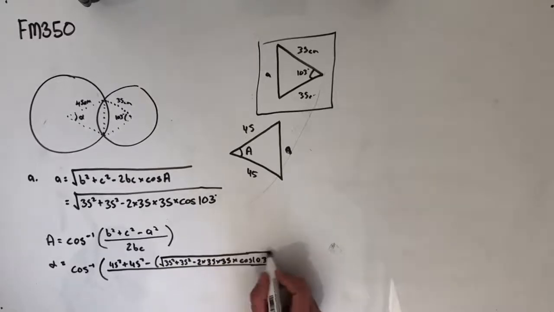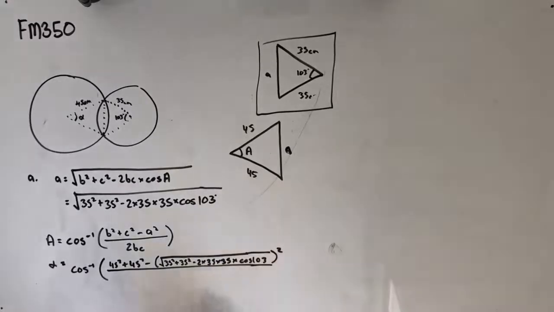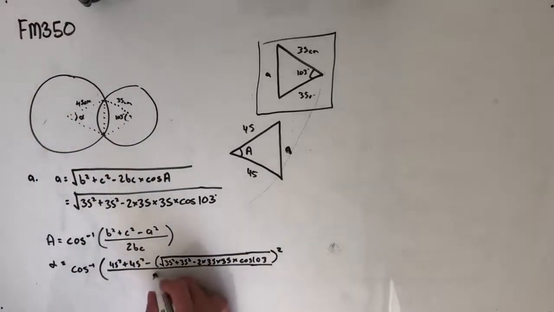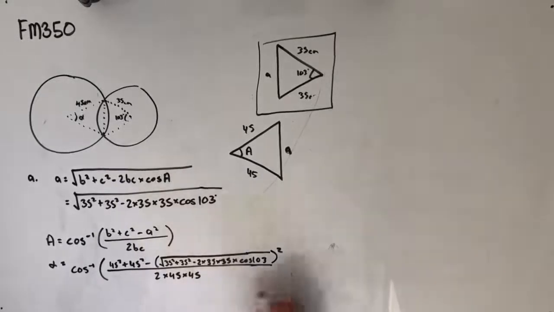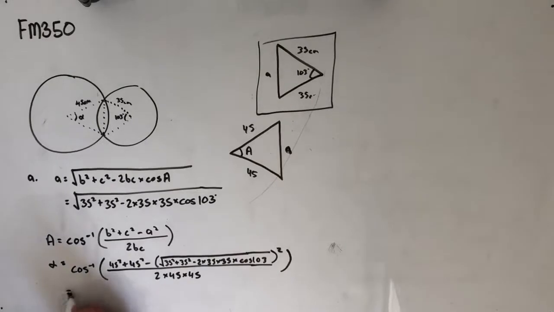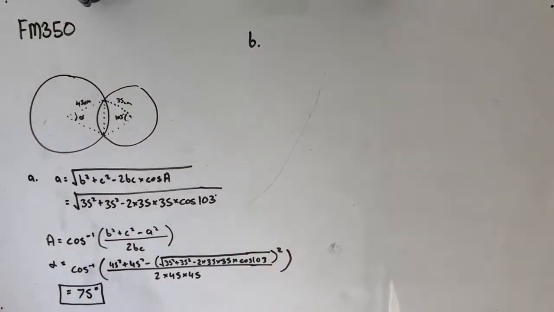So this looks pretty big, but when you break it down, we're just taking this value of a and substituting it in there. All over 2 times 45 times 45. So plugging all of that into a calculator, we should get a value for alpha to the nearest degree of 75 degrees.